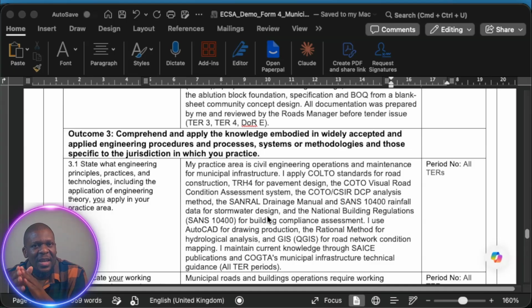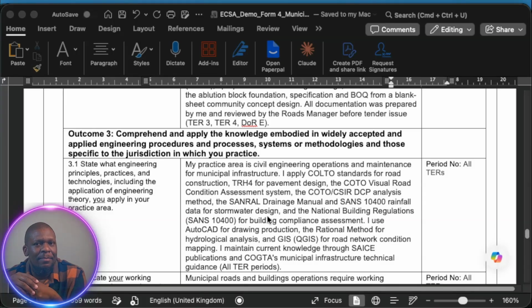My practice area in civil engineering, operation and maintenance for the municipal infrastructure, I apply COLTO standards for road construction, TRH4 for pavement design, COLTO for visual road condition assessment system. So you are indicating what standard, what system, what practice did you use. If it's stormwater, you will use the SANRAL drainage manual.